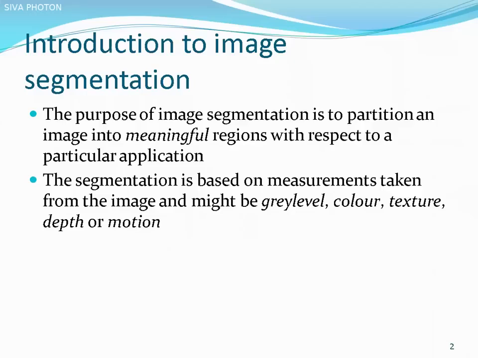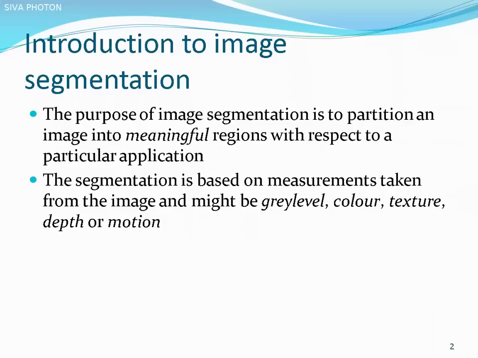So how are they doing segmentation, how are they finding the objects? There will be some changes in the pixels when an object is present in the image. Consider a football is present in an image.